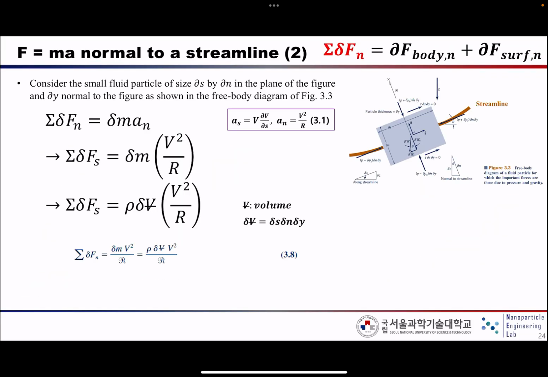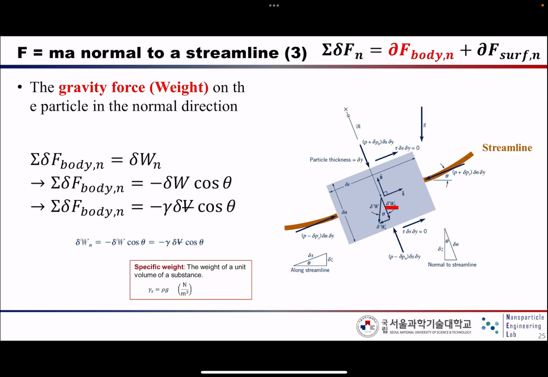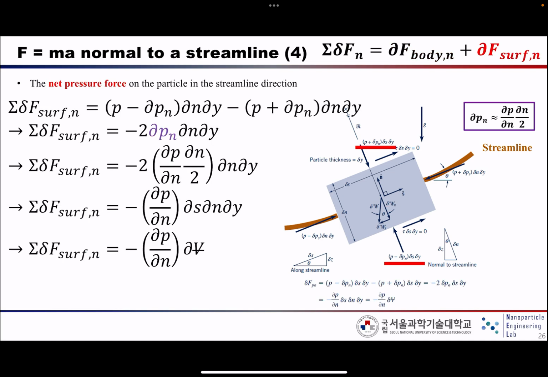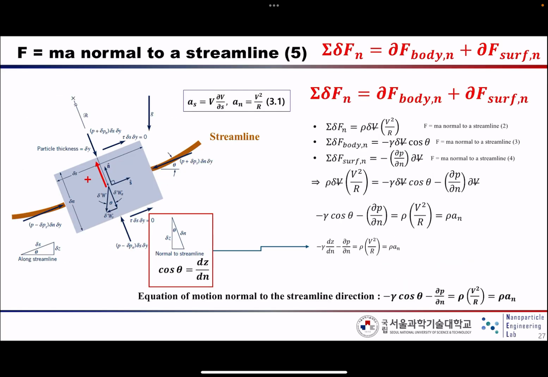So it's the same: we use F equals ma, and we also consider the weight and the net pressure force on the surface part. If we combine the three terms into one equation, we get this result.